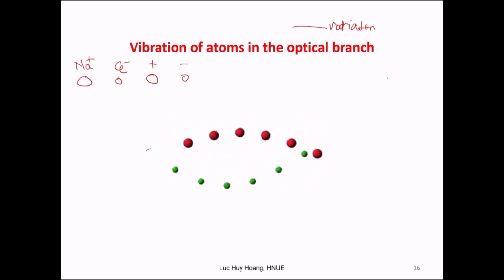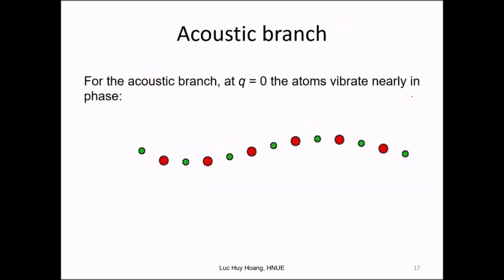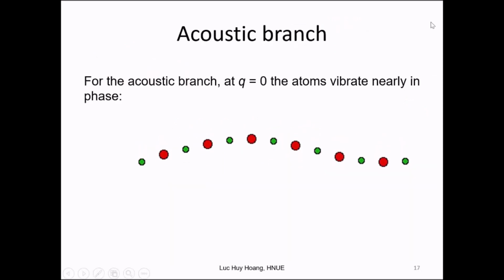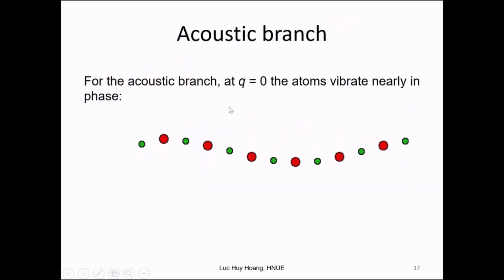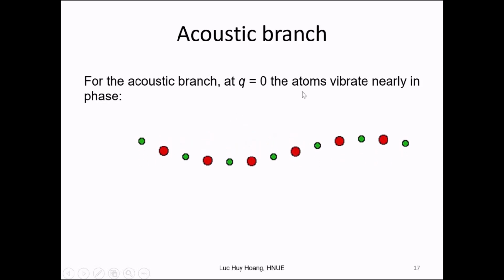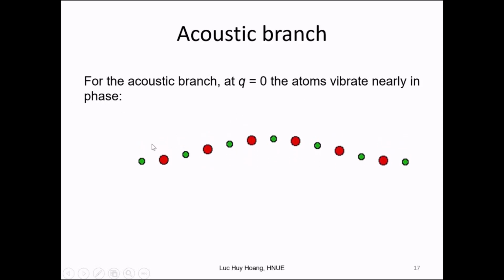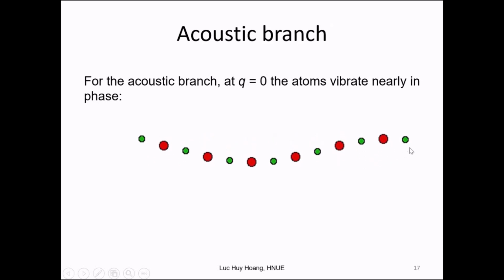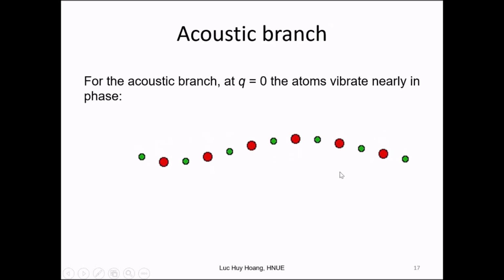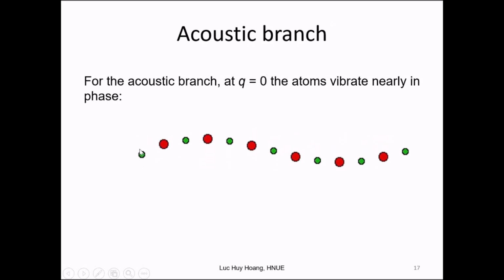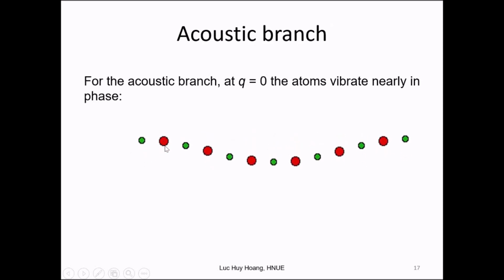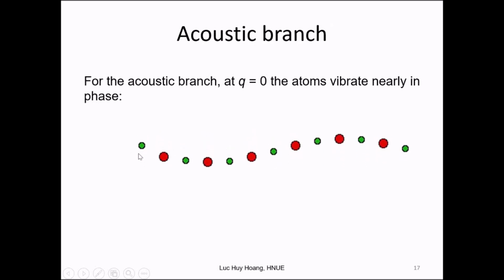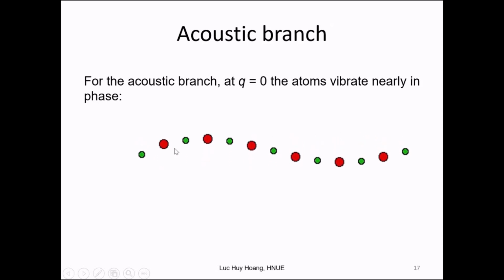Okay, and for the acoustic branch, as said before, the atoms vibrate nearly in phase. So the wavelength lambda is quite a huge value, so the nearest neighbors of the atom vibrate with the same vibrational state.